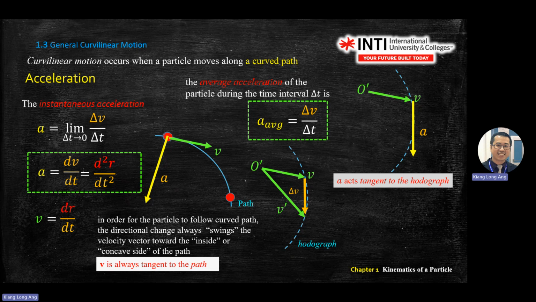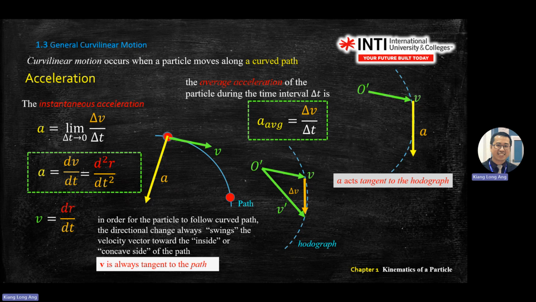When you substitute the V definition, it's actually the double differentiation of S over t squared. Now you replace your S with R because it's a curvilinear motion. So your second definition for V equal to dr dt.